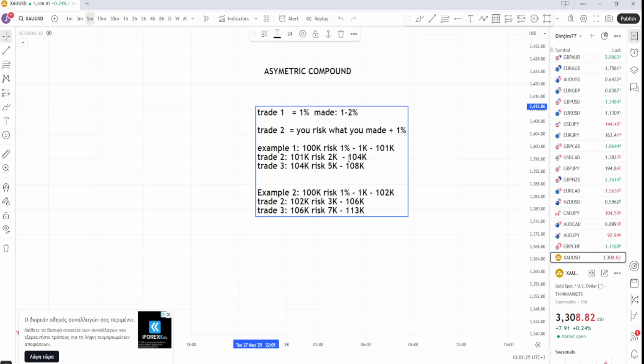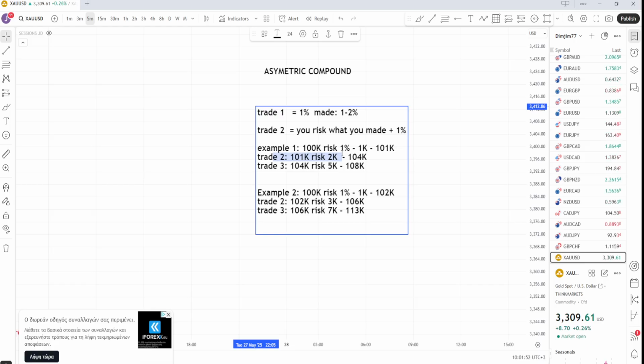And by the way, let's say in another example, you take the first trade, you win. Second trade, you lose. You are back to 99%. You only risked 1%, but look at the upside potential, which would be great, essentially.